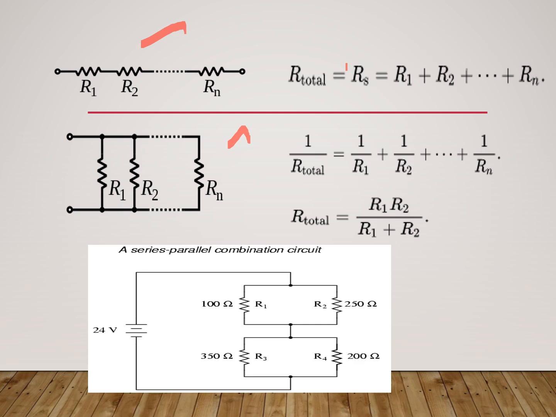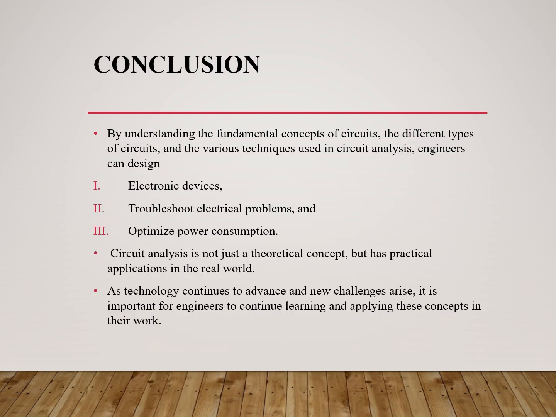The combinational circuit is a combination of parallel and series connections, so both formulas are used in a combinational circuit. Finally, we come to the conclusion of basic circuit analysis.